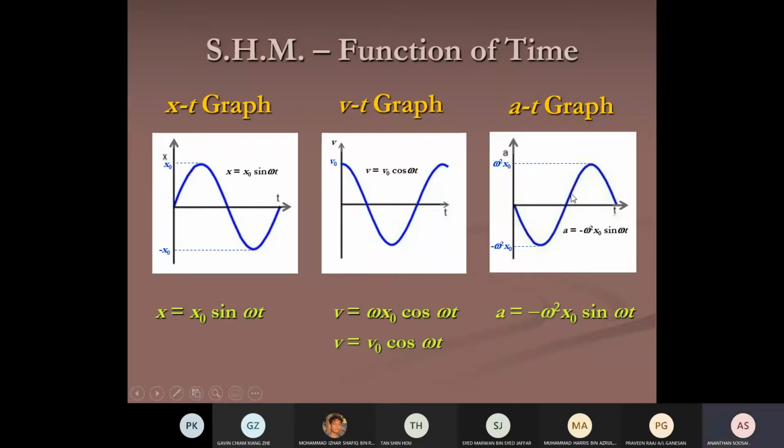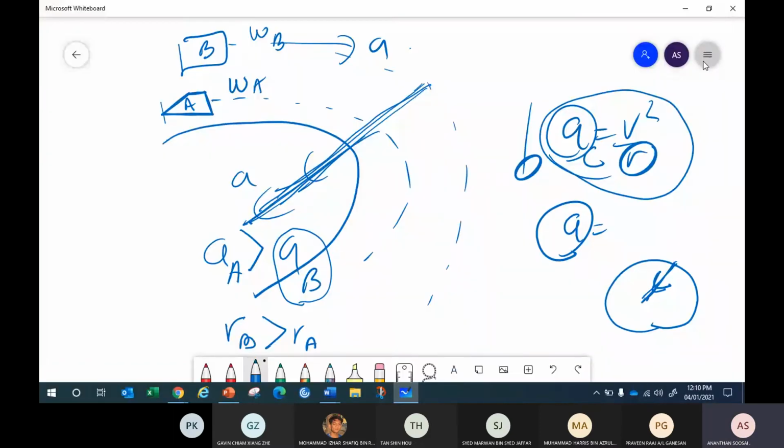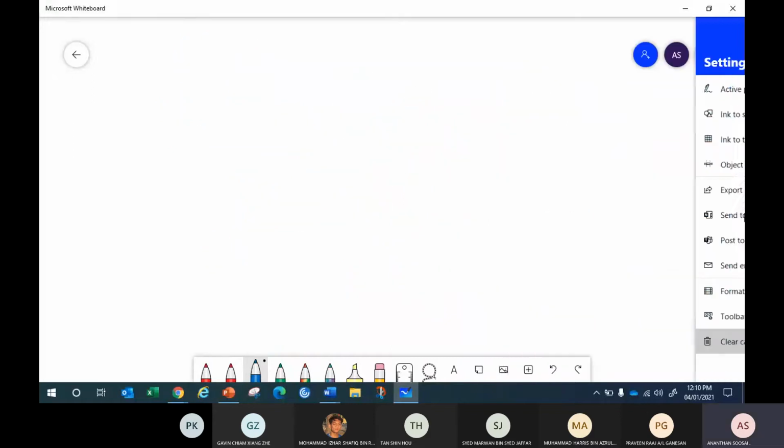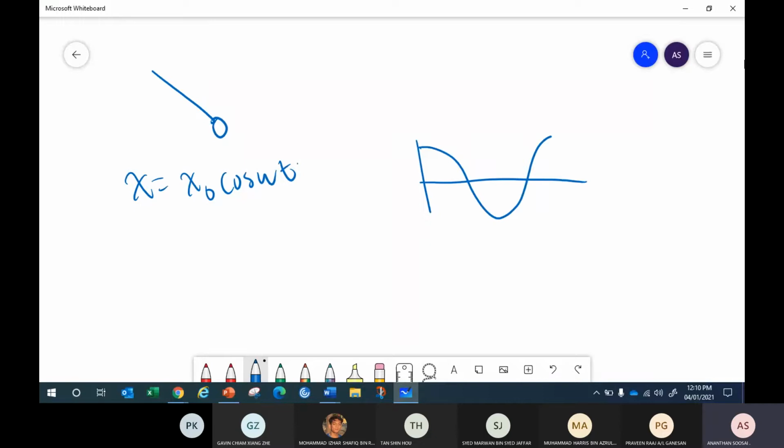For the second version, I told you the time starts at the edge. Let me show you. If the pendulum starts at the edge, then x will be x naught cos omega t, so the graph is going to be a cos graph.